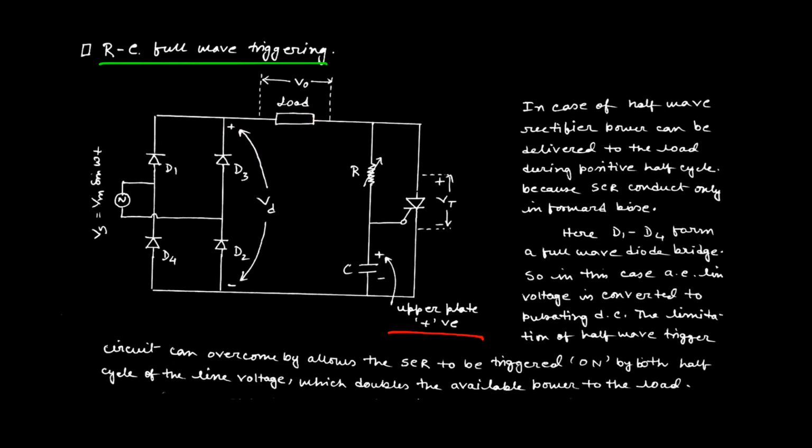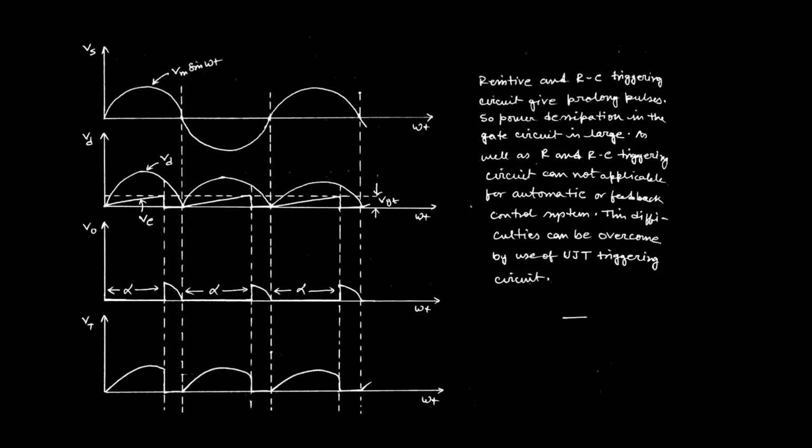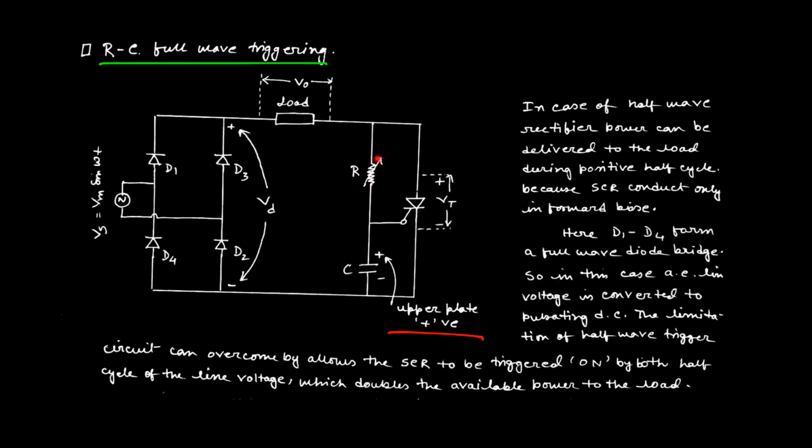This total phenomenon can also be represented by waveforms. See, when the capacitor is fully charged up to a particular point, suppose defined by alpha, this alpha is adjusted by R. That means the capacitor charging depends on this resistance R. If we want fast charging of the capacitor to reduce the delay angle, R should be adjusted to a low value.